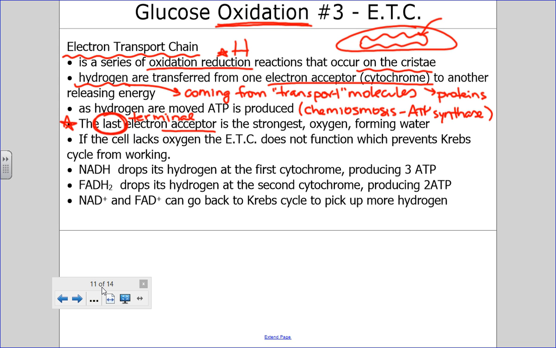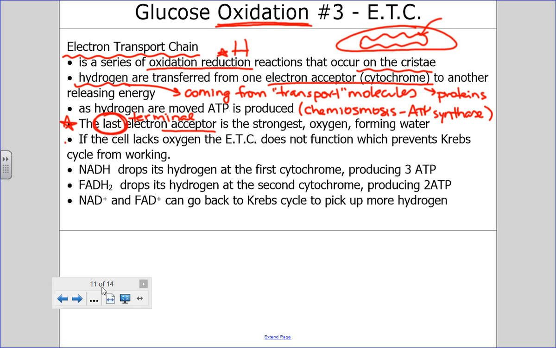It's oxygen. And this is where I get water. So if you might remember in photosynthesis, when I broke apart a molecule of water, I got oxygen. In cell respiration, when I add some hydrogen to oxygen, I get water. So I'm putting things back the way they were in photosynthesis.